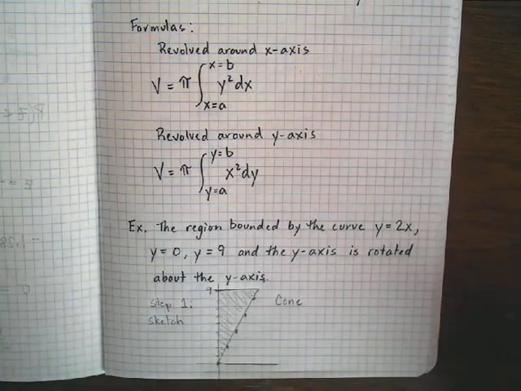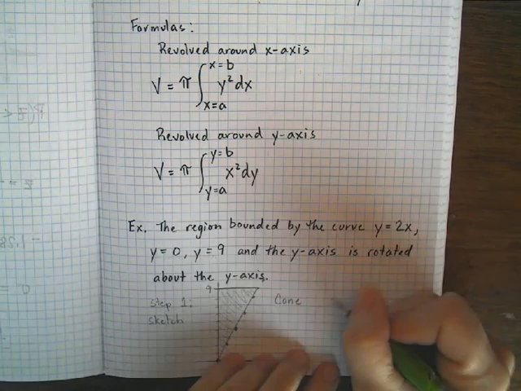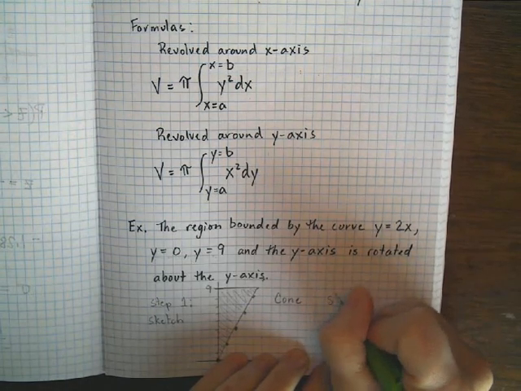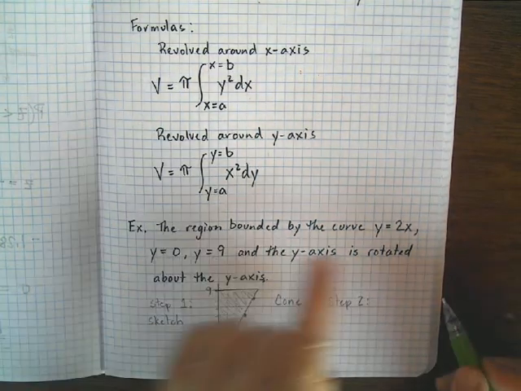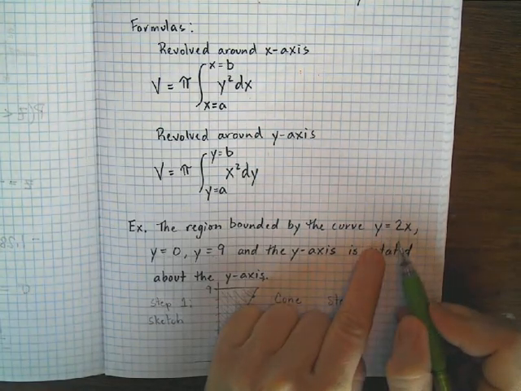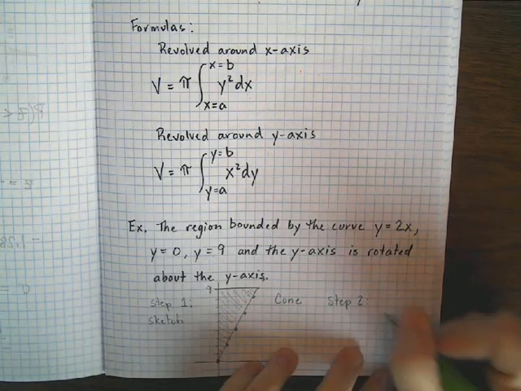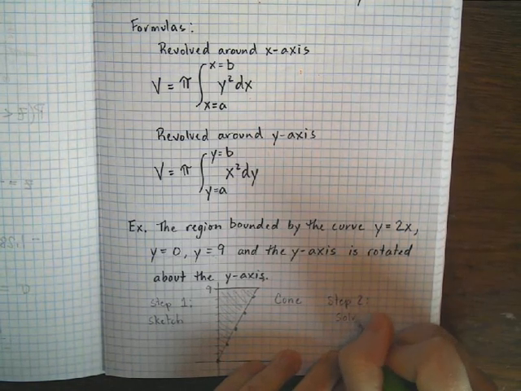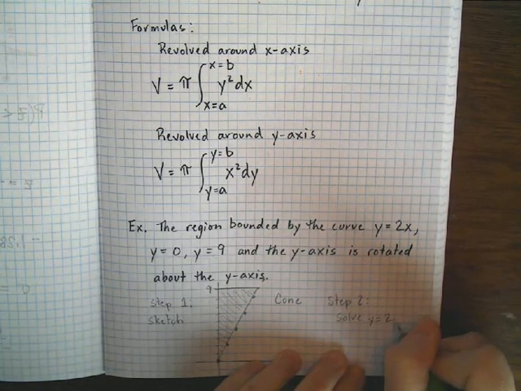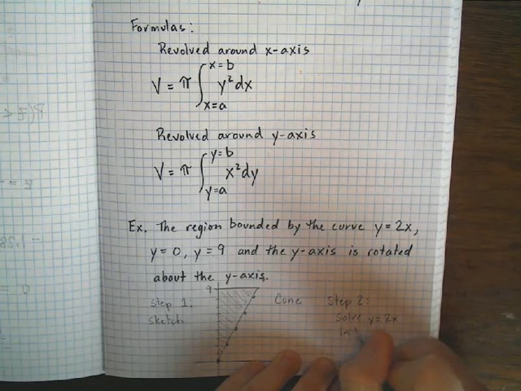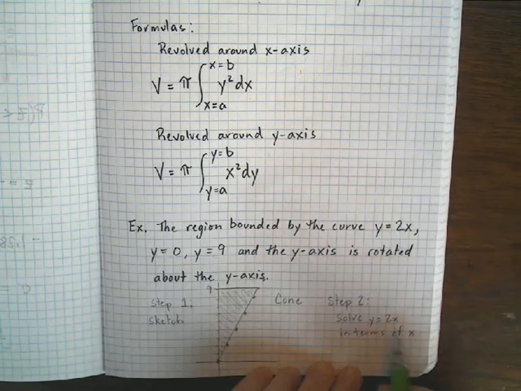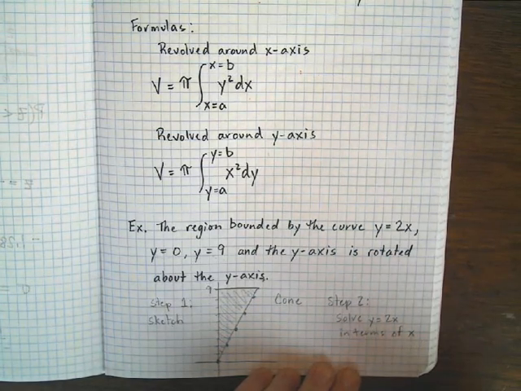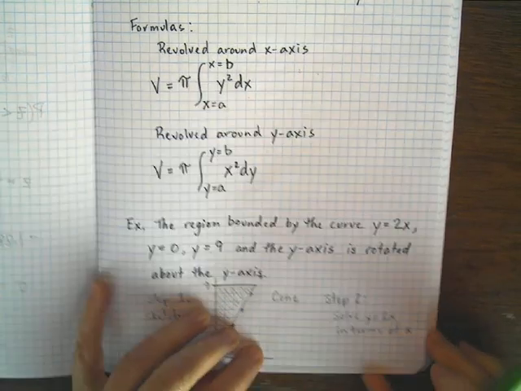Step 2 is that we need to solve this equation in terms of x. So we're going to solve y equals 2x for x, so our equation is going to say x equals.